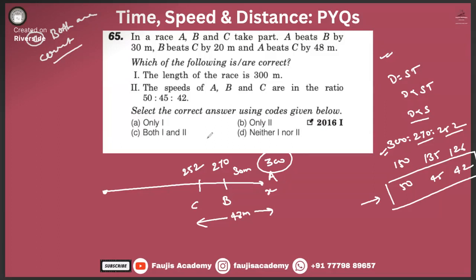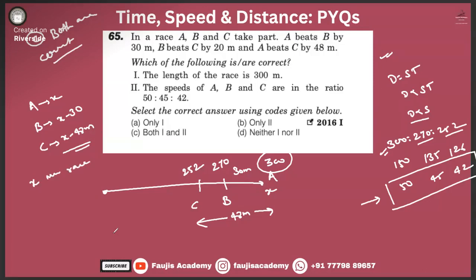So if the length of the race is x, when A is at x meters, B will be at x minus 30 meters and C will be at x minus 48 meters, right? Yes, sir. This is when A reaches there. Okay. So in an x meter race, the gap between B and C we don't know.